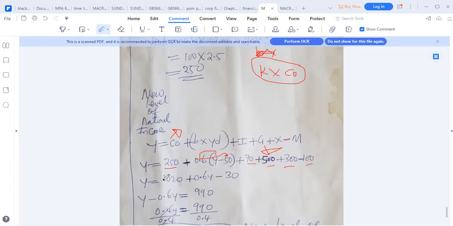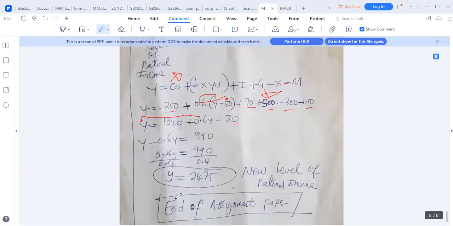Then we are getting 1020 plus 0.6Y minus the 30 here. We are getting 990. Subtracting this and collecting like terms, we get 0.4Y is equal to 990, divided by that. So our new level of income has come to 2,475.